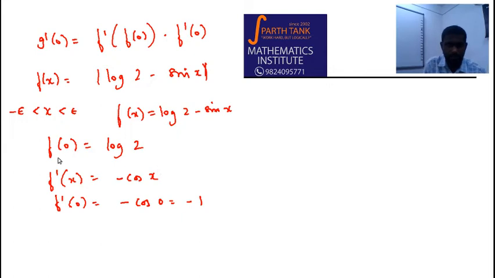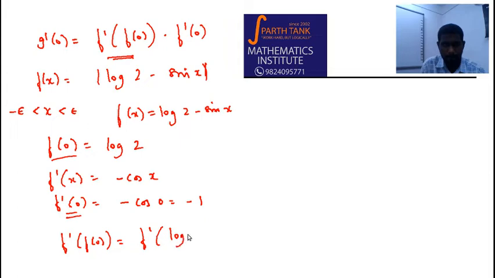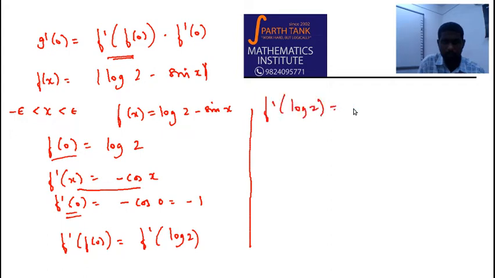Alright, so far we've just done f of 0 and f dash of 0. Now we need another term here, f dash of f of 0, right? So f of 0 was log 2. Okay, so now that's substituted here. F dash of log 2 in this expression will be minus cos log 2.